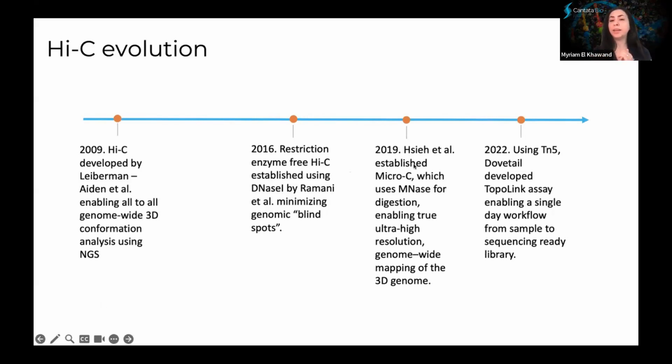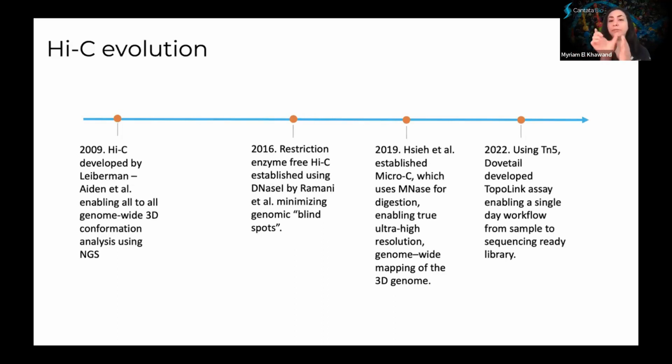And then in 2019, a new Hi-C method was developed. And this time it actually used MNase for digesting the chromatin. So it's still based on the same concept of proximity ligation, but the digestion of the chromatin that happens after cross-linking is now done with MNase. And MNase has exo and endonuclease activities.